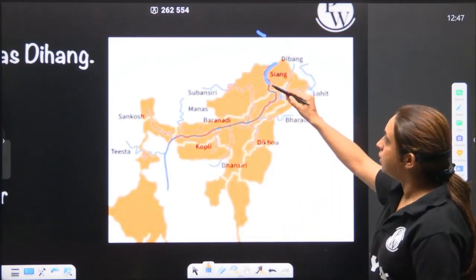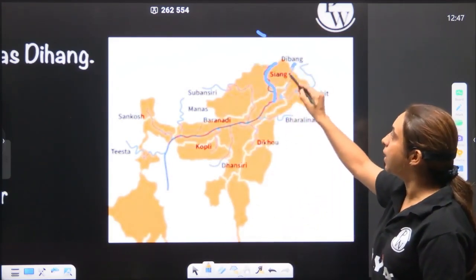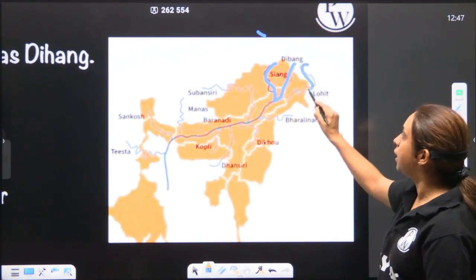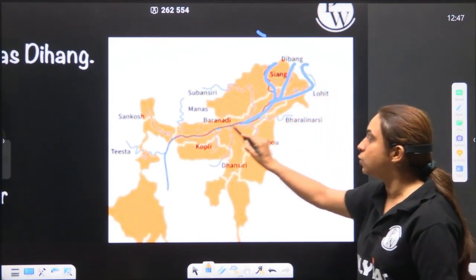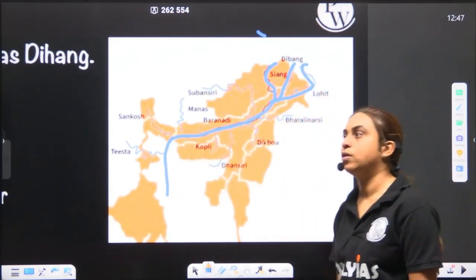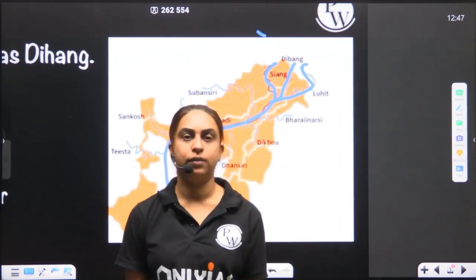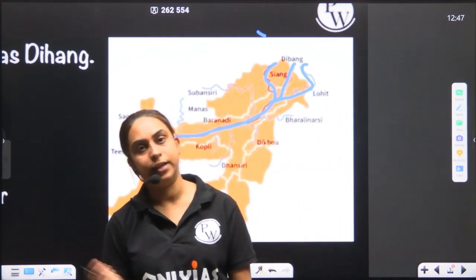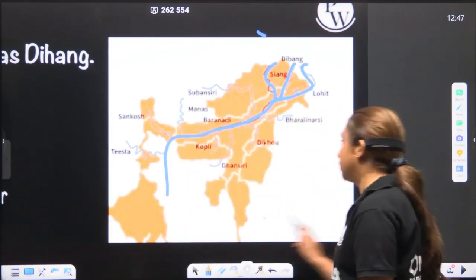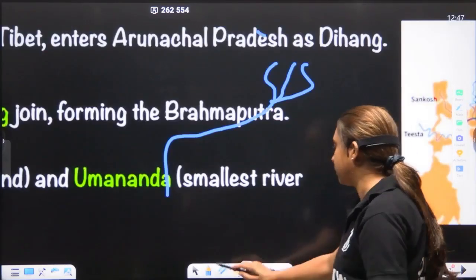It is combined by Lohit, and then it is known as Brahmaputra. So firstly entering India as Siang or Dihang, joined by Dibang and Lohit, and then it is known as Brahmaputra River. So let us see the same thing here.